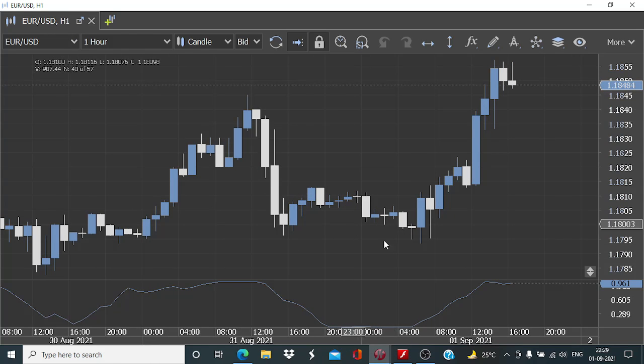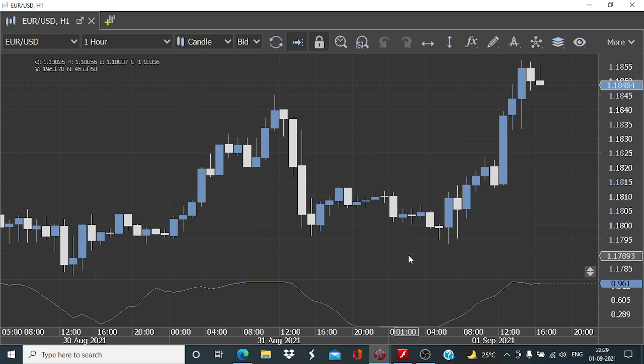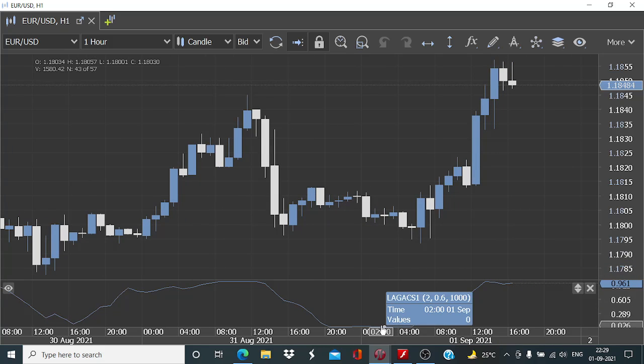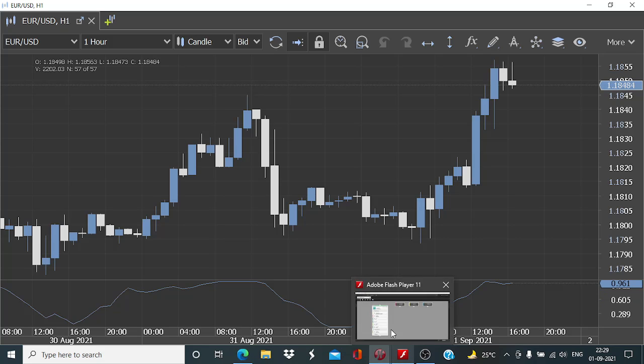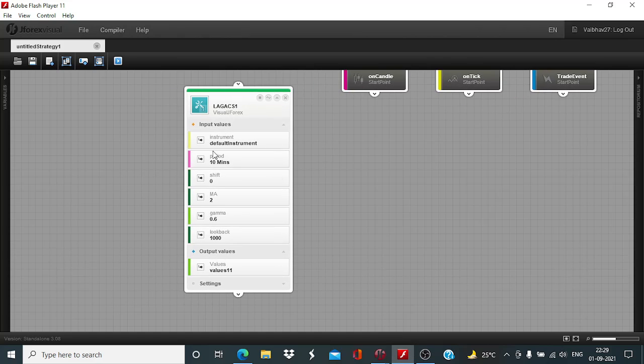It is the EUR/USD hourly time frame chart with Laguerre ACS plotted with the default setup. I haven't made any changes to its parameters. I will give you a brief idea of what the important parameters are. The look back period you must be quite well familiar with. Particular to this indicator, these 3 parameters are specific.